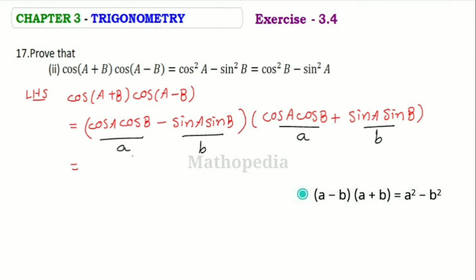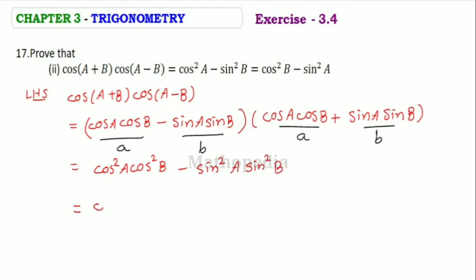Therefore we get cos²A cos²B minus sin²A sin²B, equal to cos²A into cos²B is 1 − sin²B, minus, similarly sin²A is equal to 1 − cos²A, into sin²B.